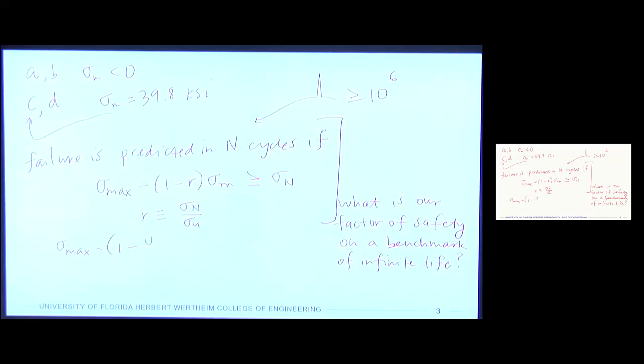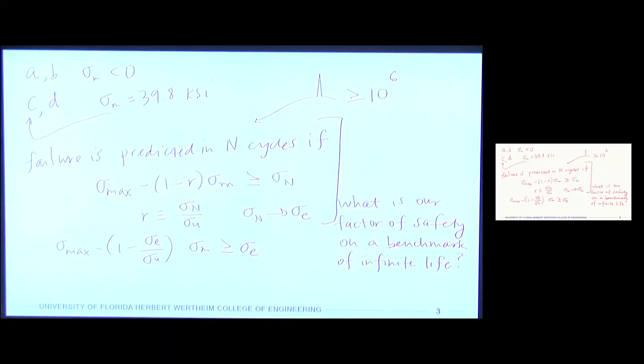So I'm going to plug that in: endurance limit divided by ultimate strength times our mean stress, greater than or equal to the endurance limit. I've taken sigma n, which is a fatigue strength that you're reading off that S-N plot, and I want to know how far off we are from infinite life. So my failure in N cycles is going to be at the endurance limit. So I've put in, instead of sigma n, the endurance limit, sigma e.